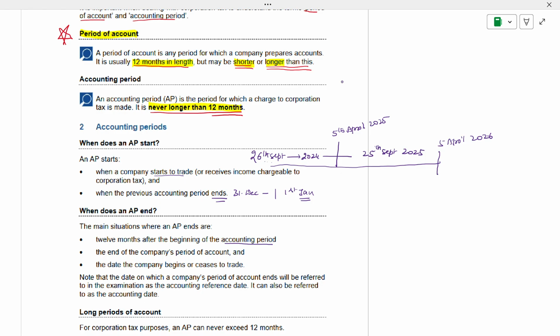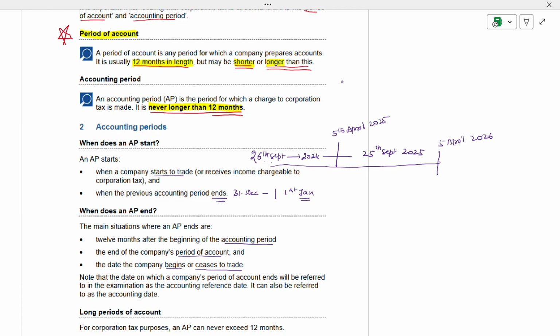When does the accounting period end? 12 months after the beginning of the accounting period, or the end of the company's period of account. The period of account will be shorter or longer. Or the date the company begins or ceases to trade.